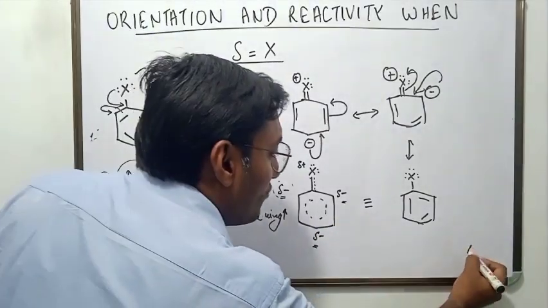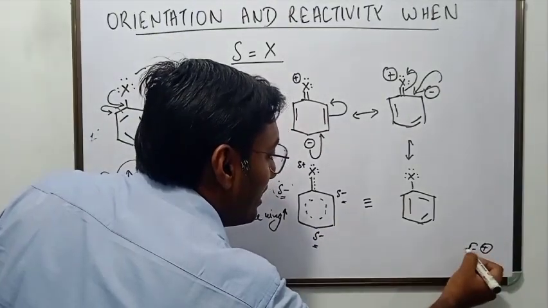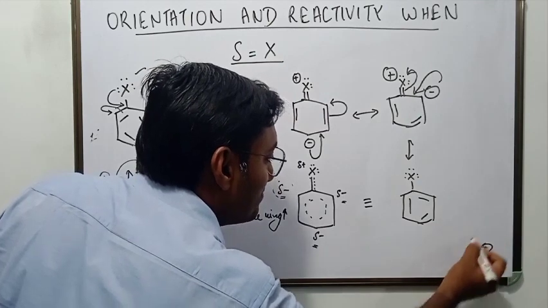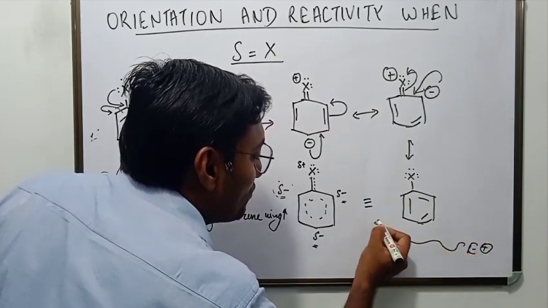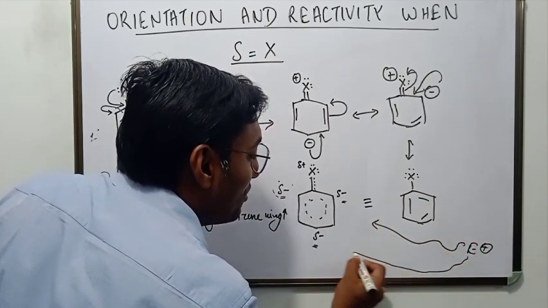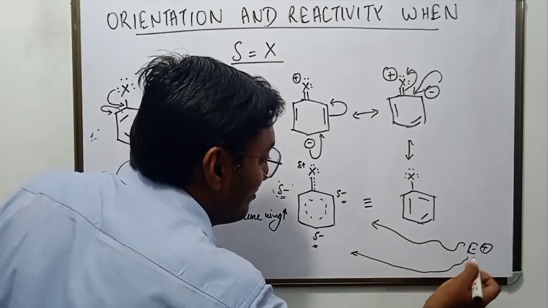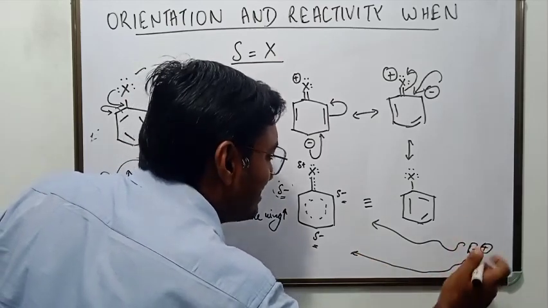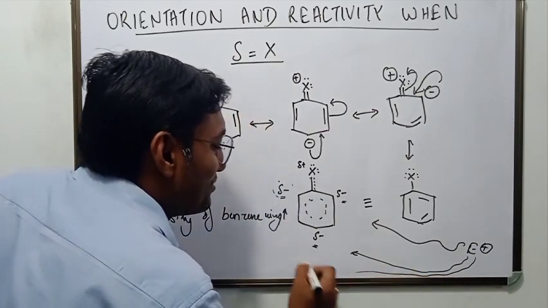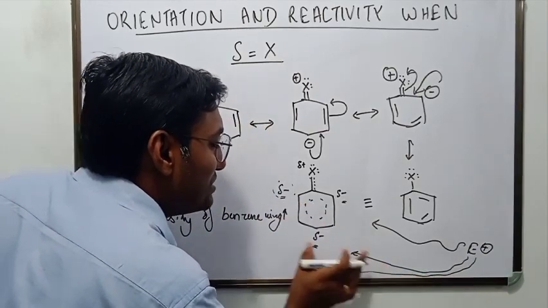Now the electrophile here, if it comes into this reaction system, it would attack the ortho and para position, not with that much affinity, but with less affinity. Why?